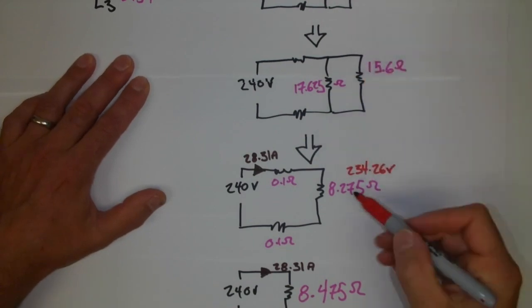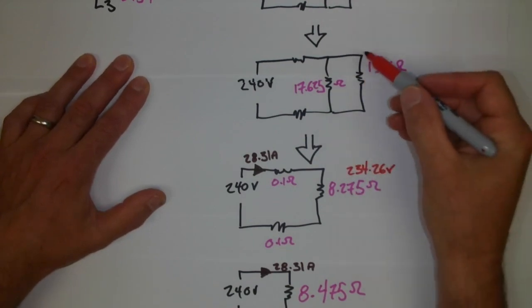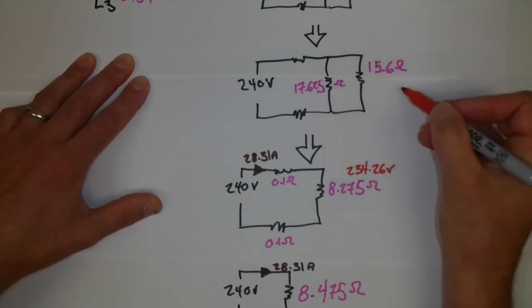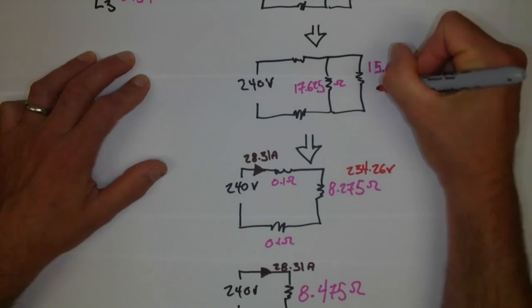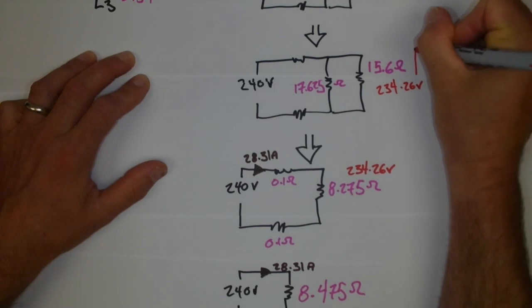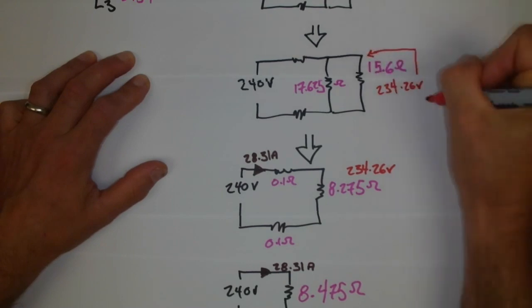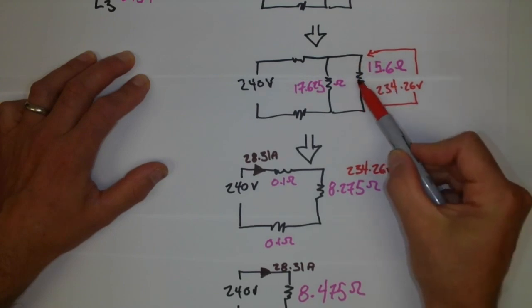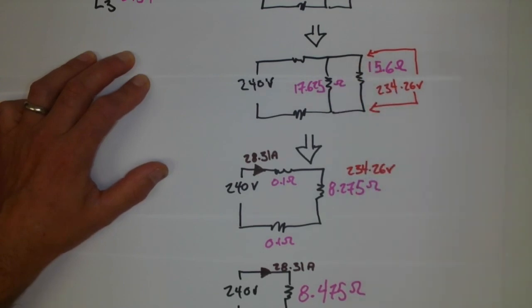So 234.26, that's actually the voltage from this point to this point. So both of these resistors have the same voltage, 234.26 volts. That would be from here to here. So both of them, this chunk of resistance and this one, both have the same voltage.